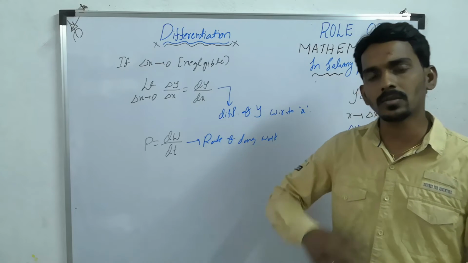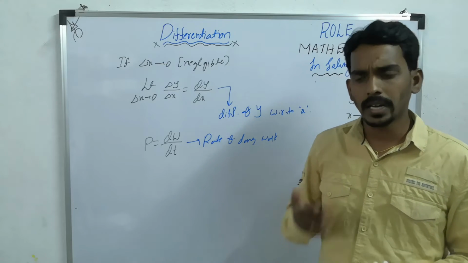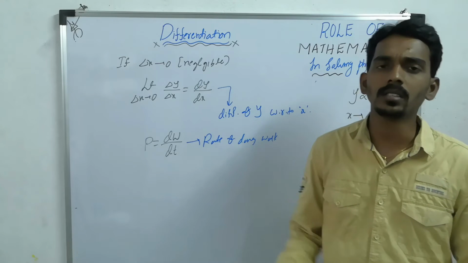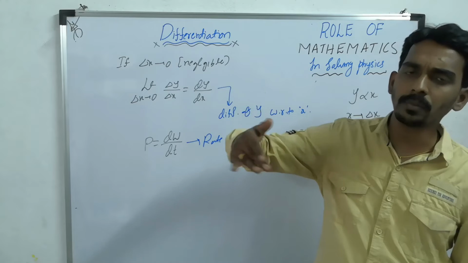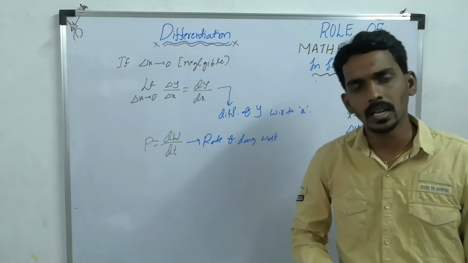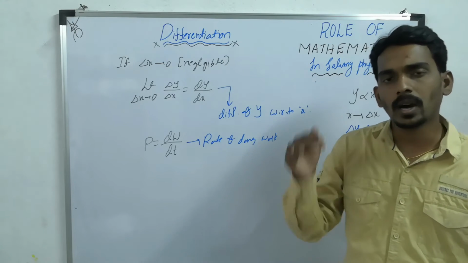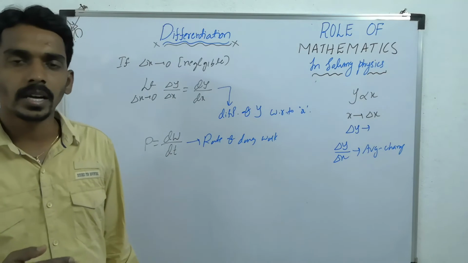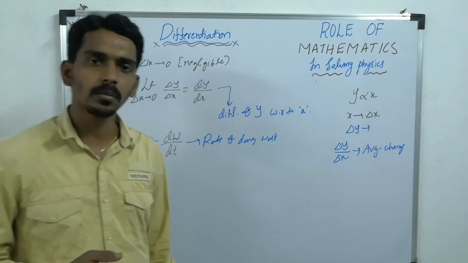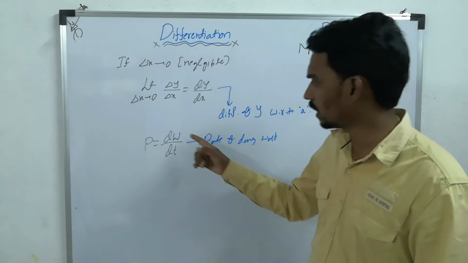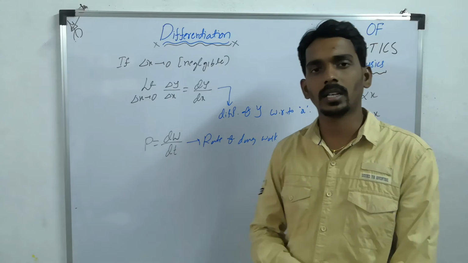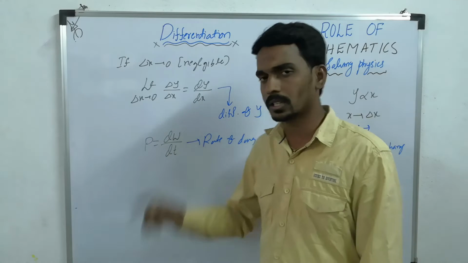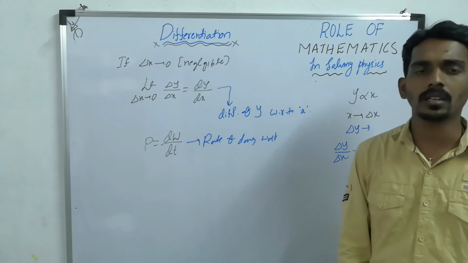In the beginning it was very high. That means at every instant your ability to do work keeps changing. At one instant it may be higher, at another instant it may be lesser. But at one particular point, at one particular time, the rate of doing work, nothing but change in one quantity with respect to another quantity, is defined as differentiation. Differentiation of work with respect to time, nothing but what?